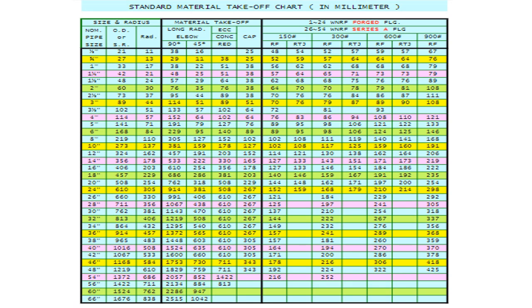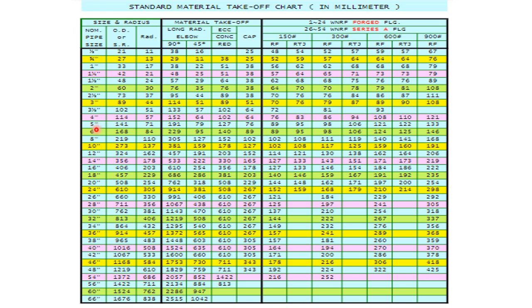Here this is a chart of take out of weld neck flange. We have here 150 class RF raised face, 300 class, 600 class, 900 class.